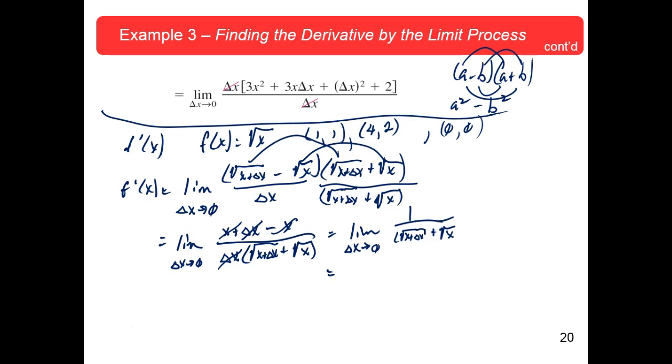So this approaches 1 over 2 root x. You have just found the first derivative of the square root of x.